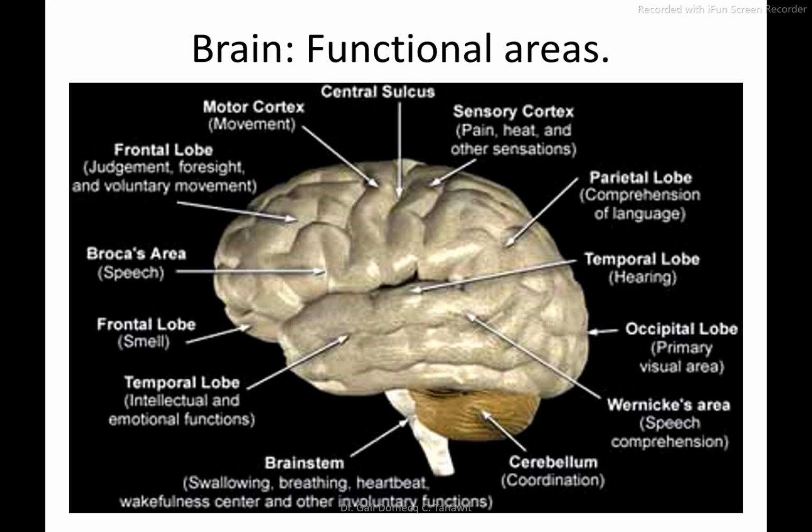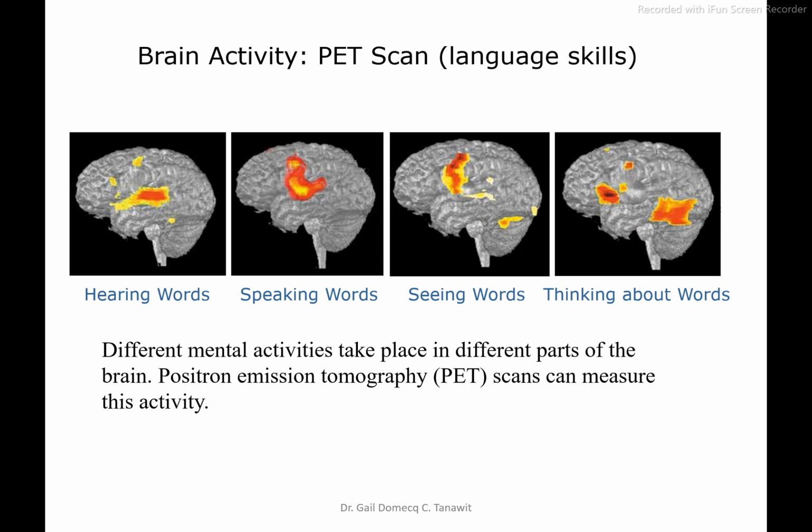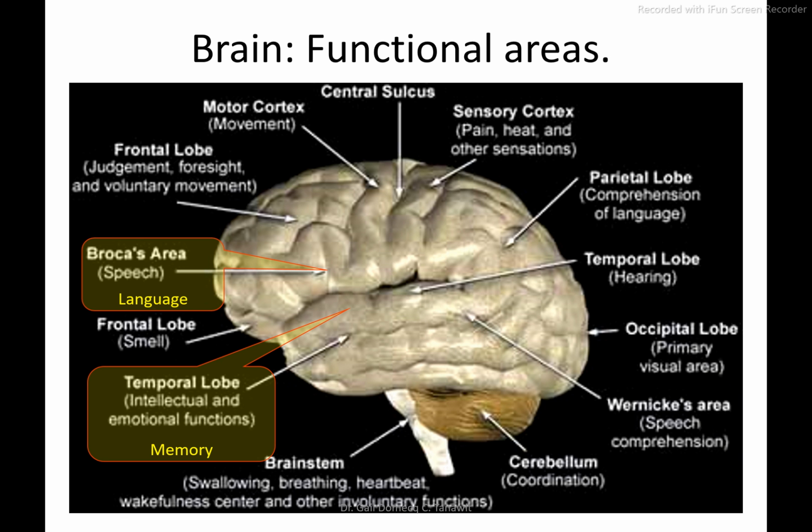So, we have the functional areas of the brain in your basic anatomy. We have the frontal lobe. First of all, just to guide ourselves, we have the central sulcus.